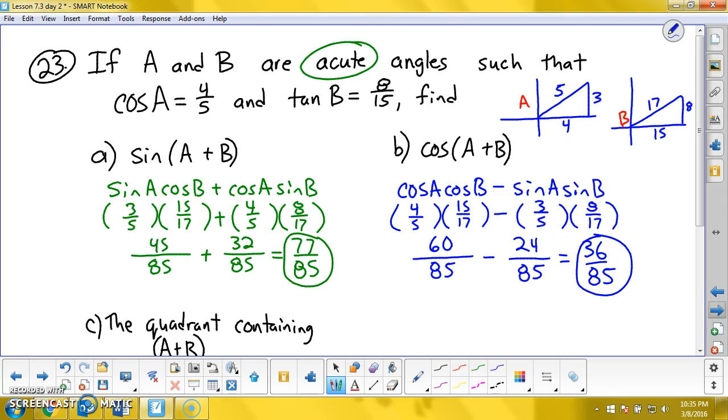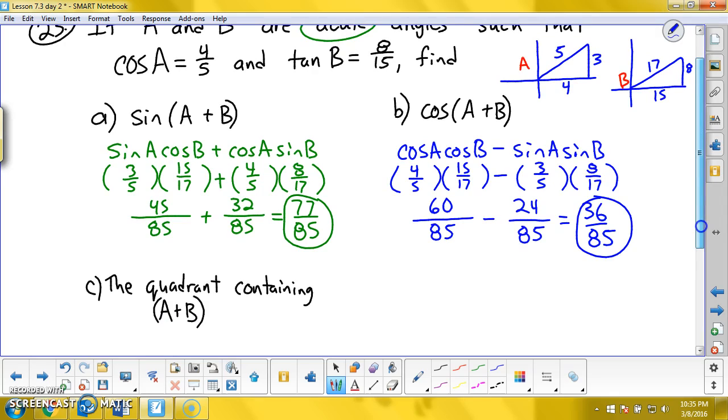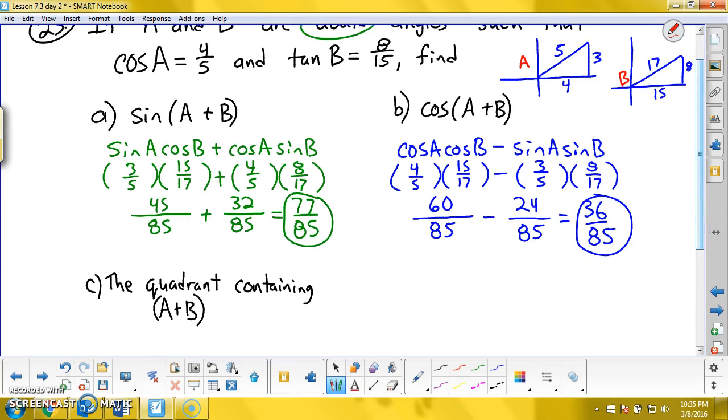So we've just completed part A, found the sine of angle A plus B. We then completed part B, the cosine of angle A plus B. And then part C says find the quadrant containing angle A plus B. Well, since the sine of angle A plus B is a positive value, and since the cosine of angle A plus B is a positive value, that means that when you add the two angles together, you must still be in the first quadrant, because the first quadrant is the only quadrant that has a positive sine and a positive cosine.